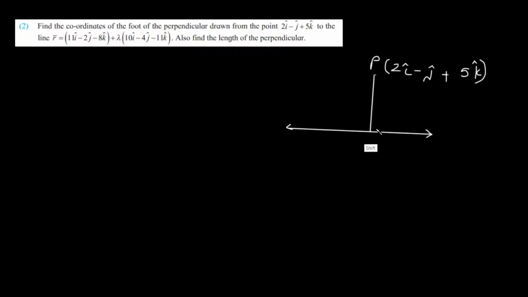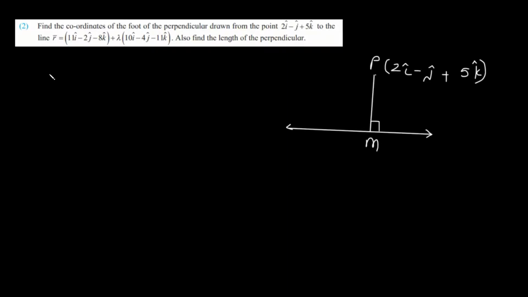Suppose we consider this as the perpendicular, and M is the foot of the perpendicular. We are supposed to find the coordinates of M, and also we are supposed to find the length PM over here. So now that you understood what is to be found out, let us go further.